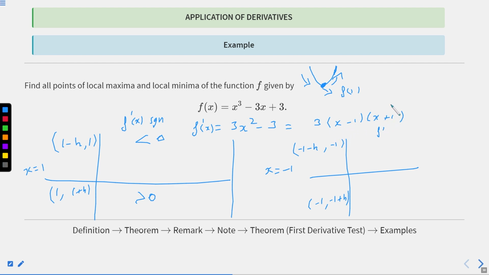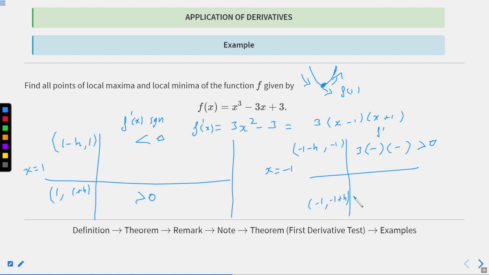Minus 1.1 is less than minus 1, on the left hand side of minus 1. So the result will be positive.